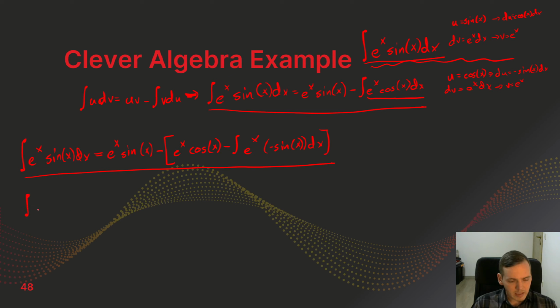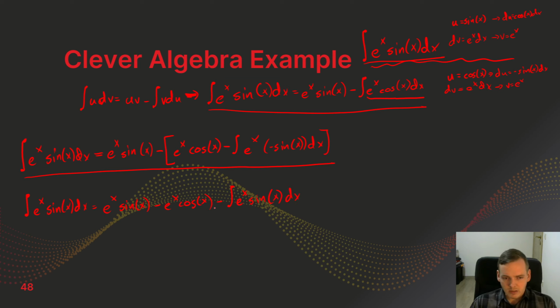So I'm going to leave that left side, the integral of e to the x sine of x dx, equals e to the x sine of x minus e to the x cosine of x. Now there's 1, 2, 3 negative signs, so that means this ends up being negative again: the integral of e to the x sine of x dx.